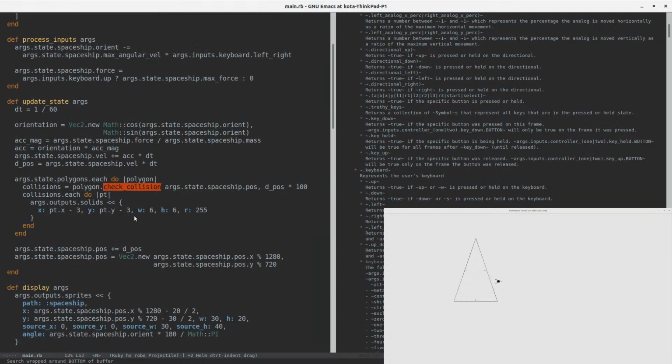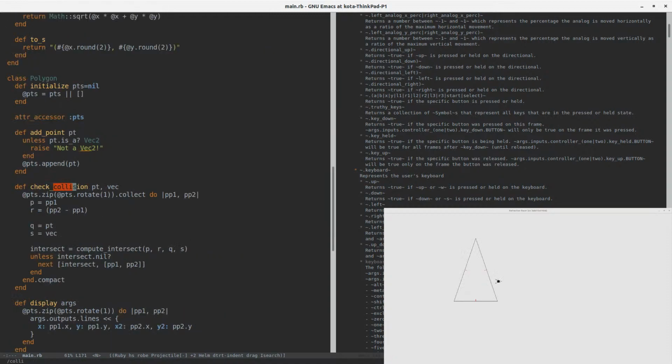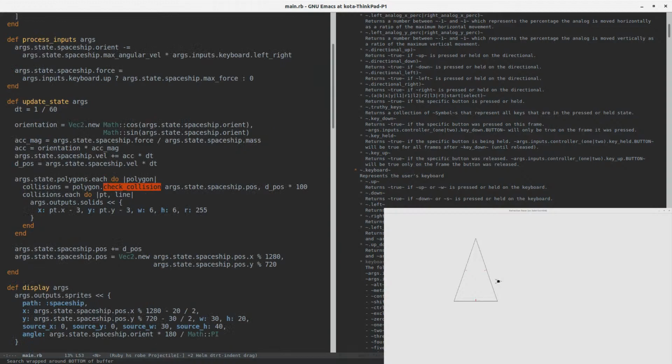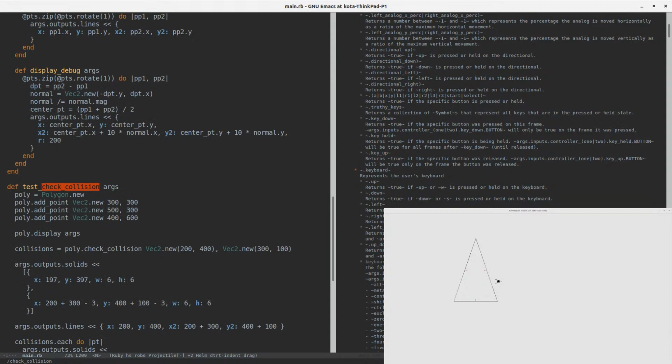So collisions, we'll do point and then line. And maybe go check. Check collisions. So point, line.